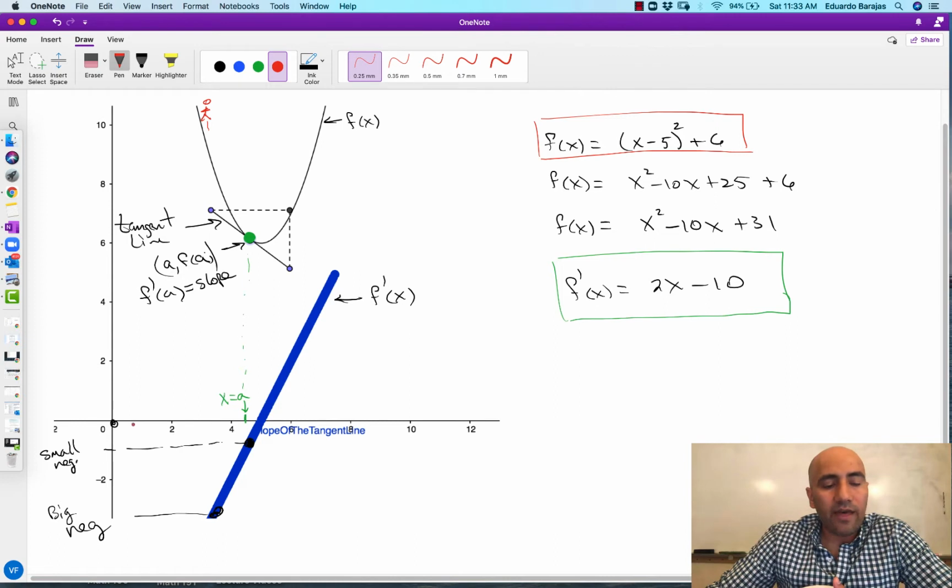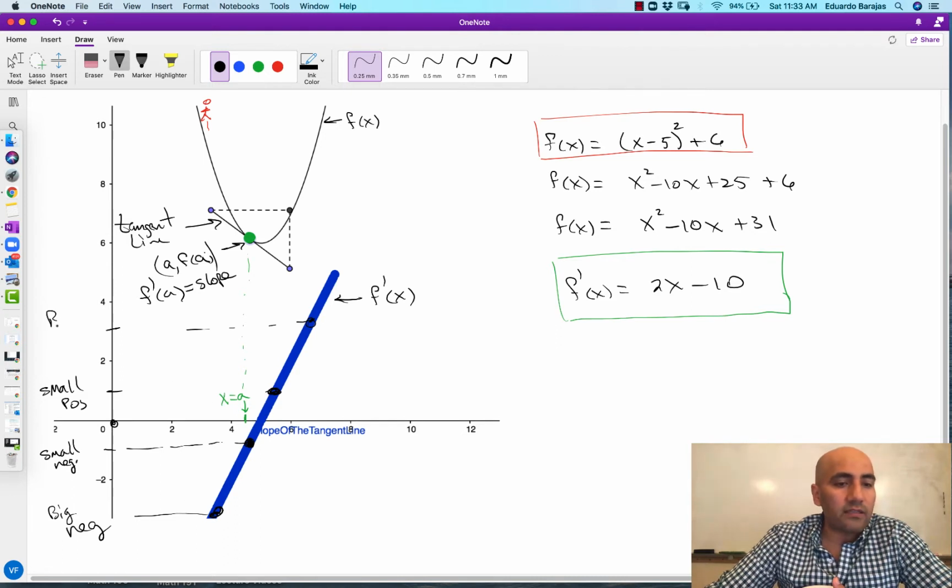So as the input values travel from 0 forward in this case, we see these are the patterns we get. Eventually we'll get a small positive slope there, and then eventually a bigger one here, right? Small and bigger are relative scales here. The pattern is that this derivative is increasing. So f prime of x is increasing.